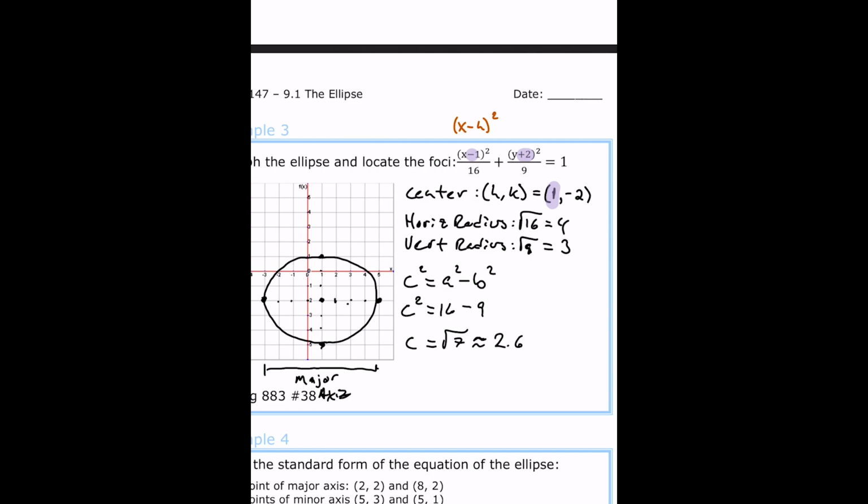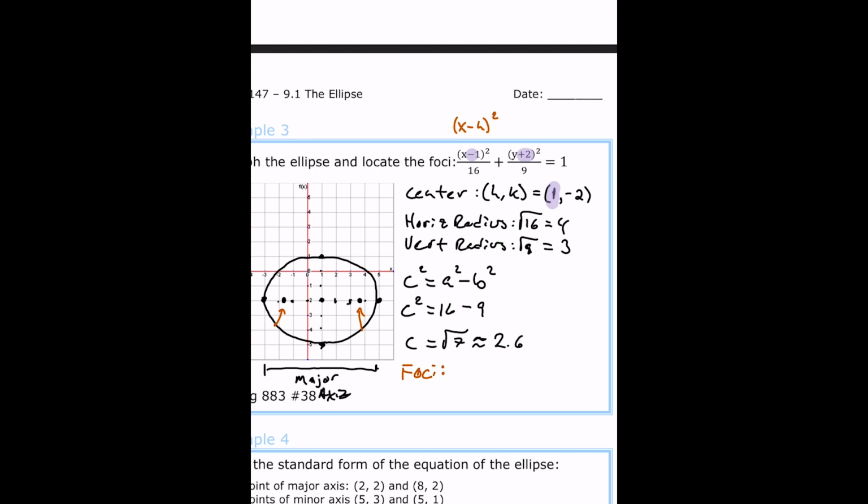I'm going 1, 2, and more than 2.5 units to get to this focus. I'll go back to the center, to the left 1, 2, more than 2.5 units to get to that focus. And if you want to switch colors of your pen, or if you want to go and label these, those are your foci, F-O-C-I.